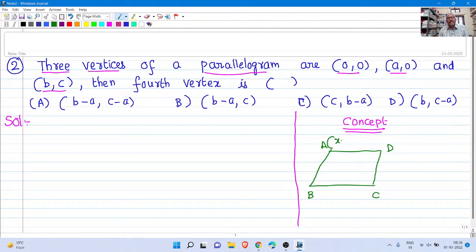Suppose A is x1, y1. B is x2, y2. C coordinates are x3, y3. And D coordinates we do not know. That we need to find out.